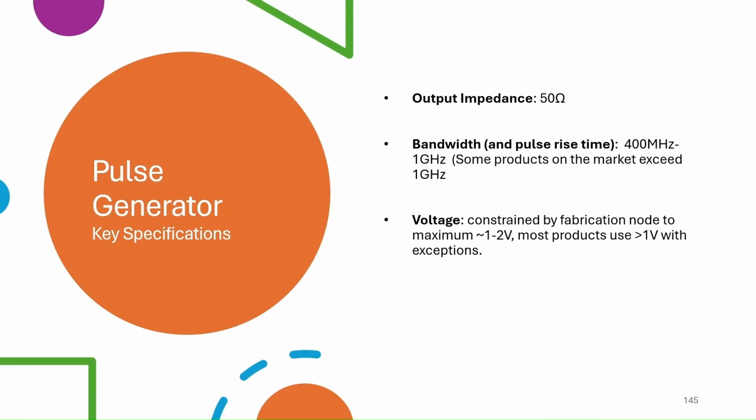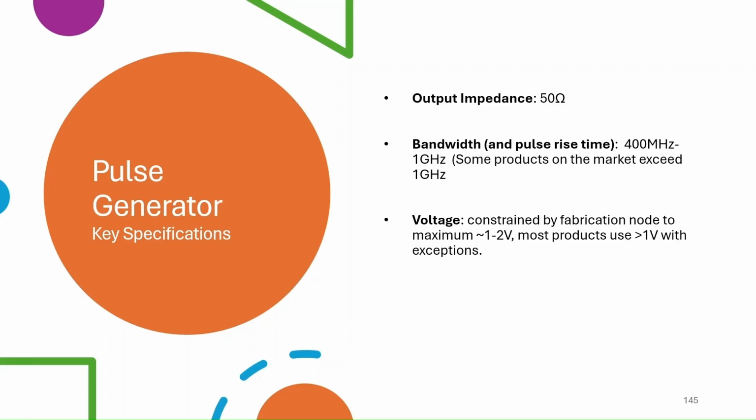After that, we have the pulse generator, with the standard 50 ohm impedance at its output. We're aiming for a bandwidth of 400 megahertz to 100 gigahertz. Some products in the market go a bit further than 1 gigahertz, but it's not that common. But we are aiming for that.